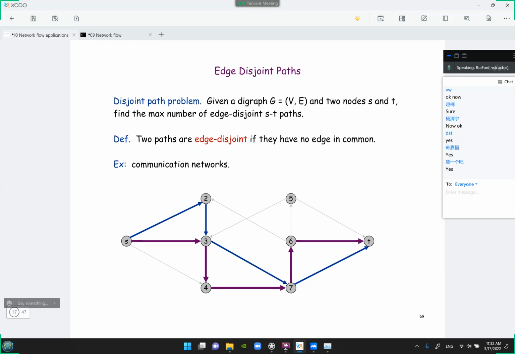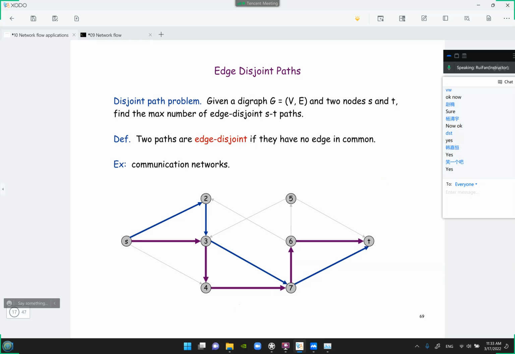This is useful because if you think of this graph as a communication network, then if you're sending data on two different paths, you don't want the paths to overlap because then you'll get a bottleneck, with many paths using the same edge. If you don't want these bottlenecks, then you want to find disjoint paths. And since you want to send as much data as possible, you want to find as many disjoint paths as possible. In this case, we found 2 disjoint paths.